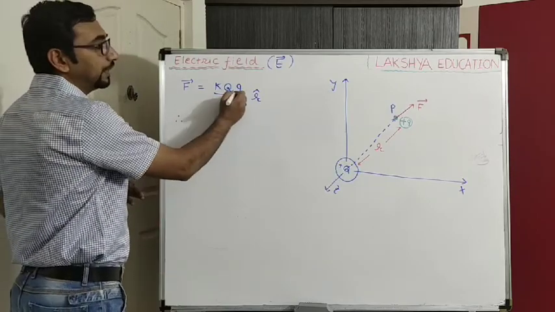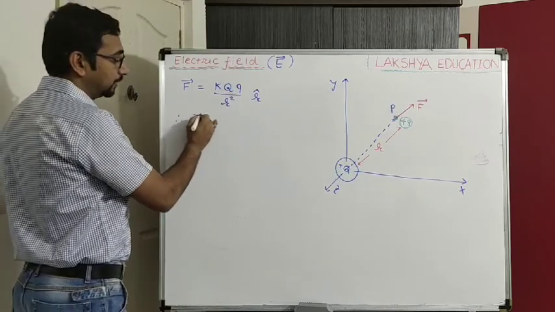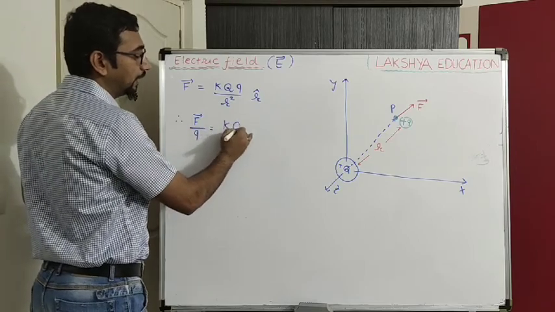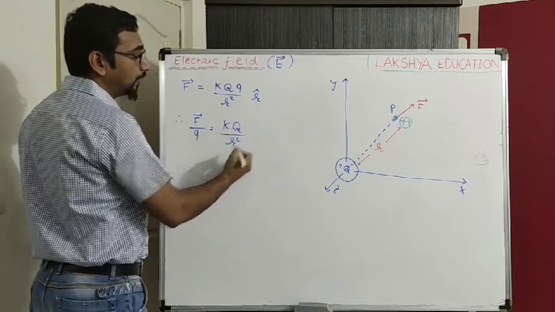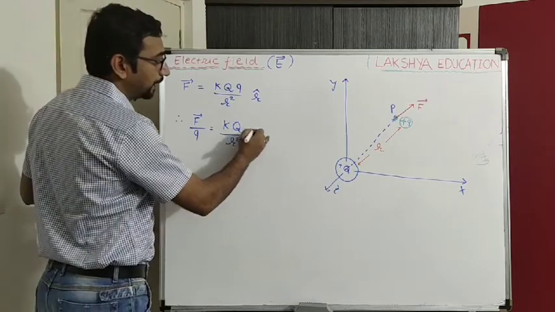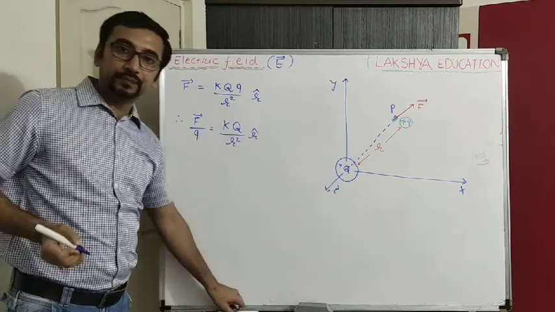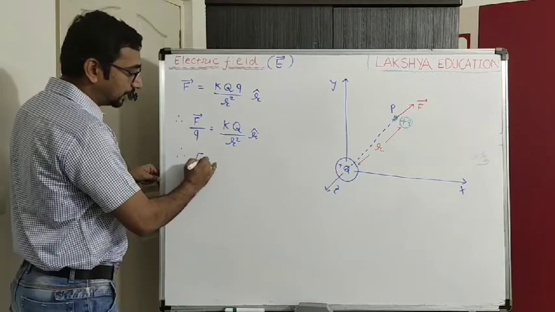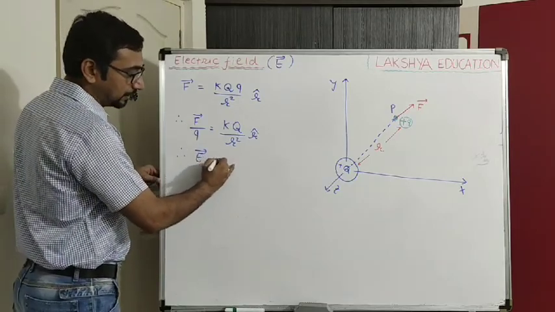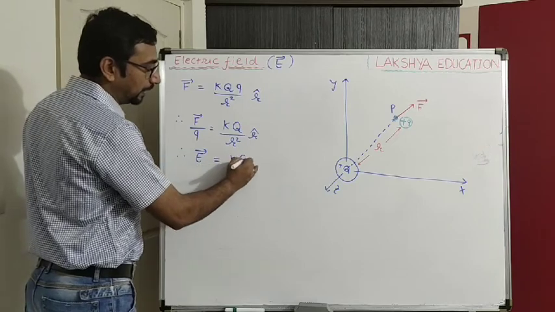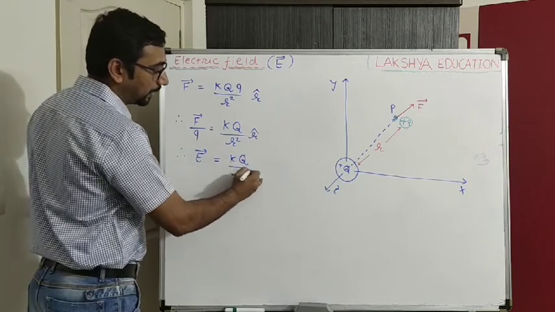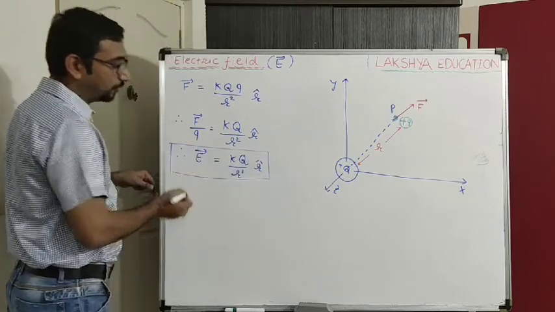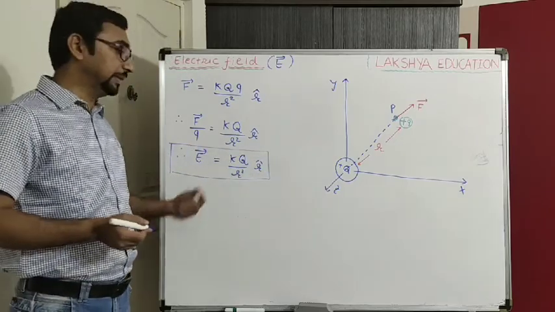If we divide by q, F divided by q is equal to K capital Q upon R square into r caret. By definition, F upon q is electric field. So E is equal to K capital Q upon R square into r caret. This is the simple formula of electric field produced by a point charge.